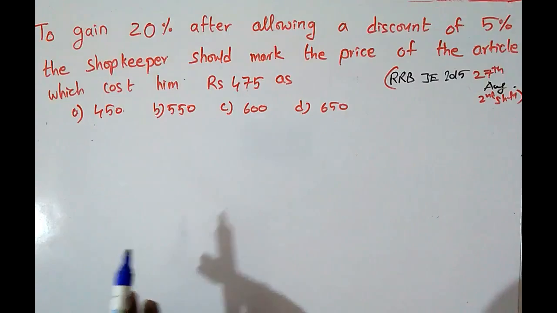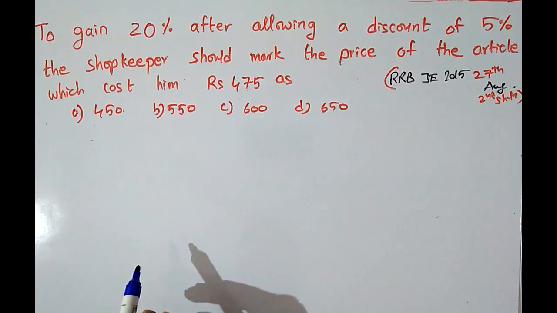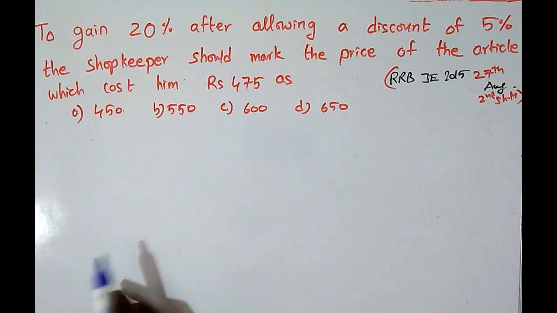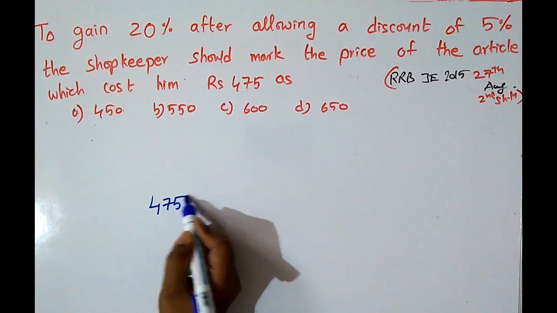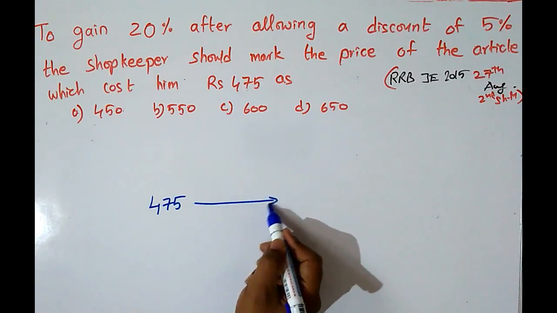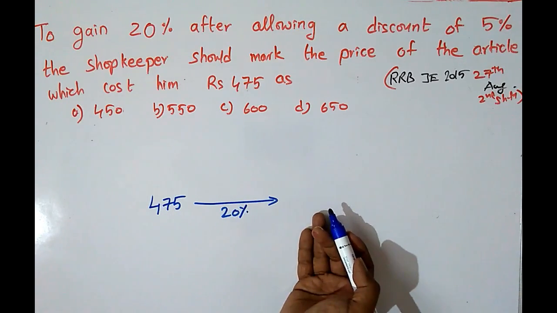Okay friends, we will see another problem, the same method. To gain 20% after allowing a discount of 5%, the shopkeeper should mark the price of the article, which costs him 475 rupees. Okay friends, we will take up our usual strategy. 475 after 20%, how much would it become?